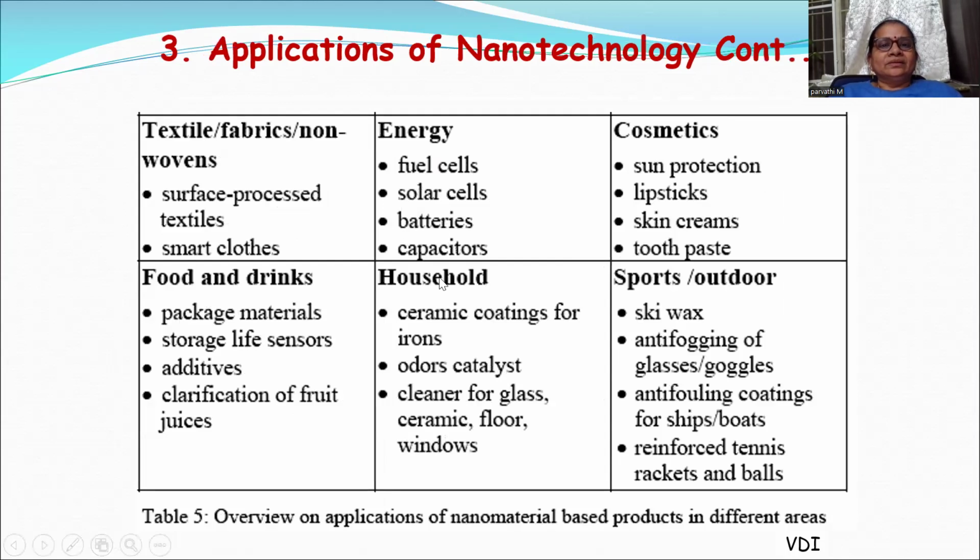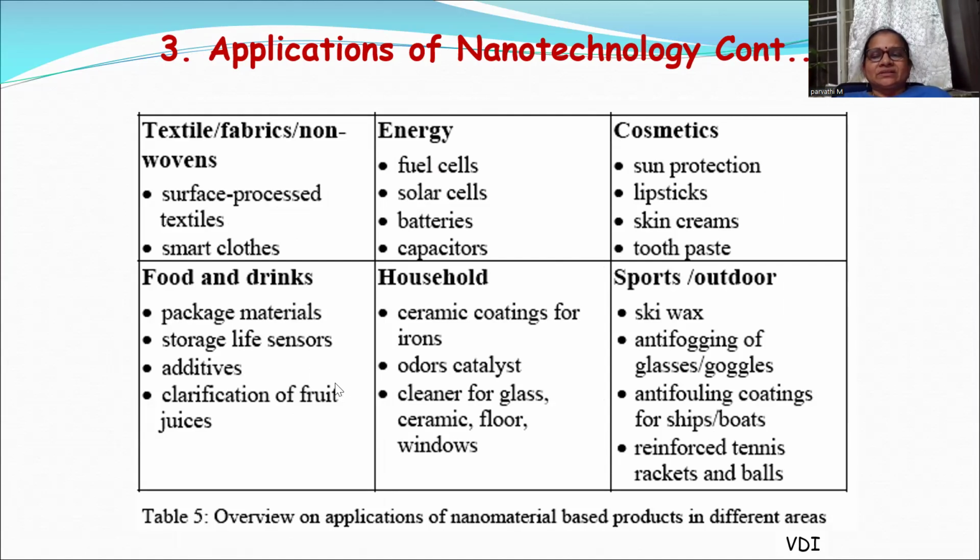Then these are some more applications of nanotechnology: textile, energy, cosmetics, food and drinks, household and sports, outdoor. For example, in food and drinks, packaging materials are disposable kinds of things, environment-friendly disposable material, which are made possible with nanomaterials.